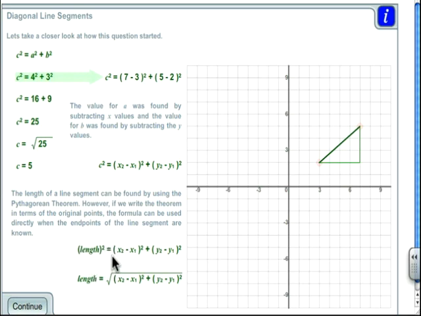Length squared is equal to x2 minus x1 squared plus y2 minus y1 squared. To get length by itself, we simply take the square root of both sides. Now we have the formula for length of a line segment. Length is equal to the square root of x2 minus x1 squared plus y2 minus y1 squared.